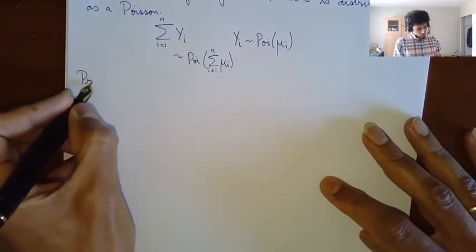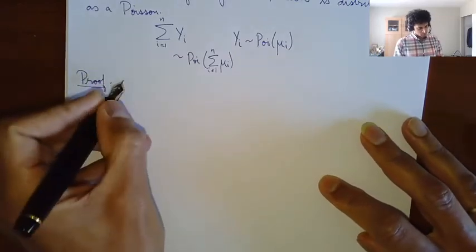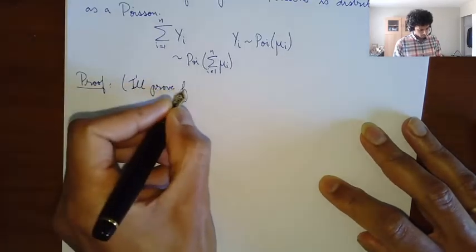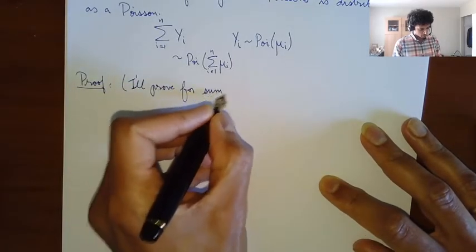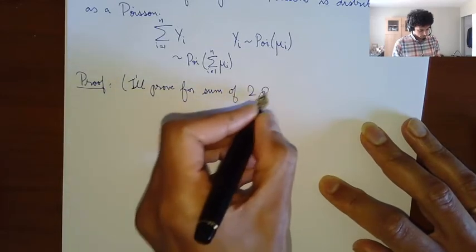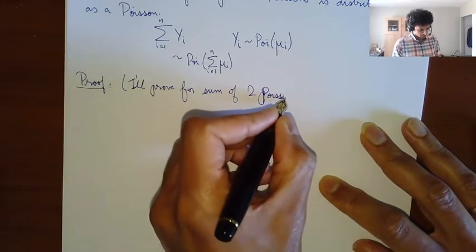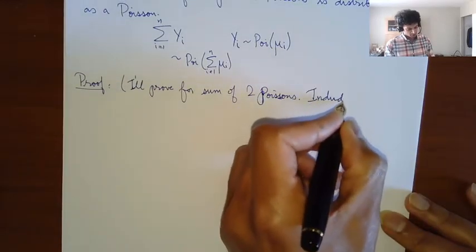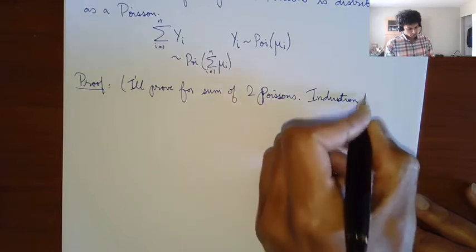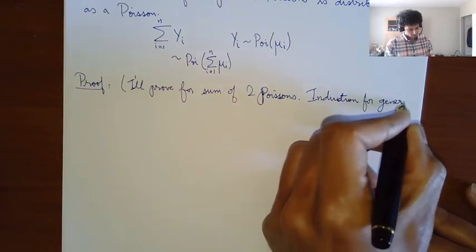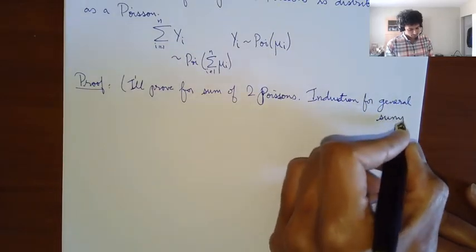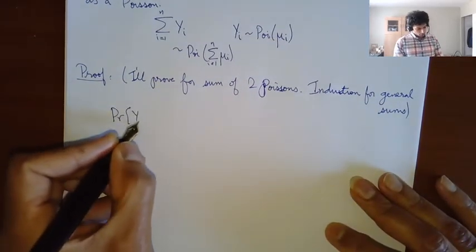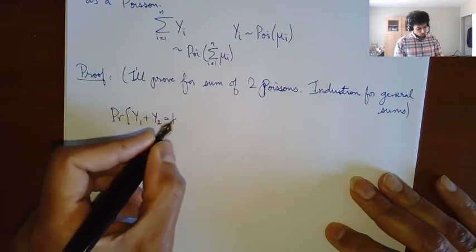So the proof. I'll prove it for a sum of 2 Poissons, because I think that math is worth seeing, and then you can just do induction on top of that. So I'm not going to do the induction for general sums. Let's look at the probability that y1 plus y2 is equal to k.